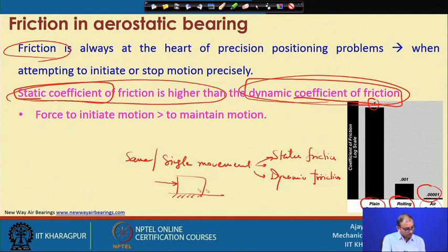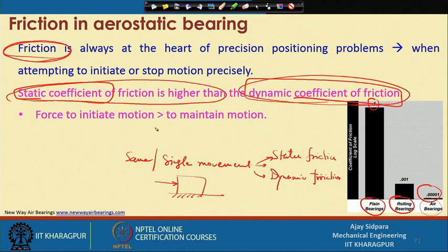Both things are different, and that is the problem when you are talking about friction. The first thing is the force to initiate the motion, and the second, dynamic friction, is to maintain that particular motion. Both things are present when there is friction, and both are different.